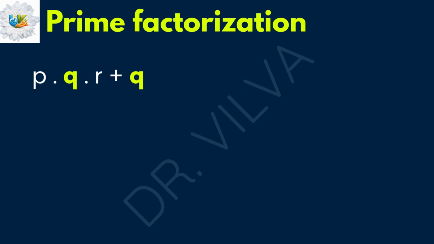Just like before, let us look at the two terms in our expression. Do you see a common factor? Yes, absolutely. Q is present in both terms. Let us take Q out as a common factor.